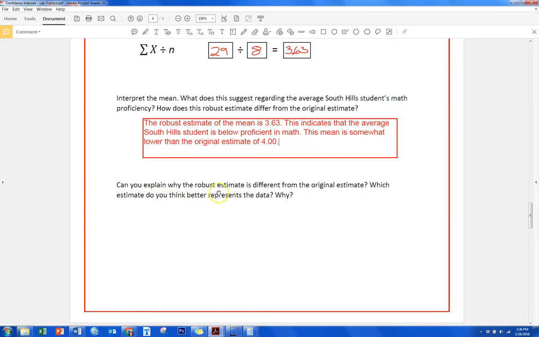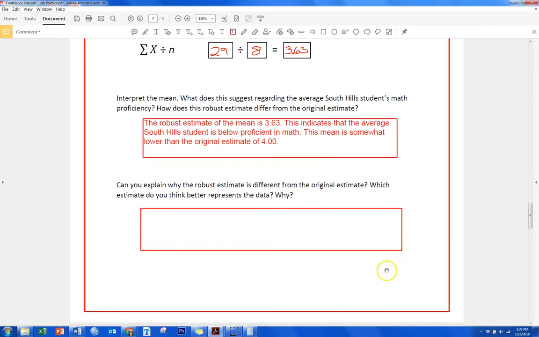Now, can you explain why the robust estimate is different from the original? Right? Why did it go down, and which one is a better representation? Let's think about that for a minute. So first of all, it went down. So the robust estimate is lower than the original estimate, right? Why? This occurred because, well, why did this occur?